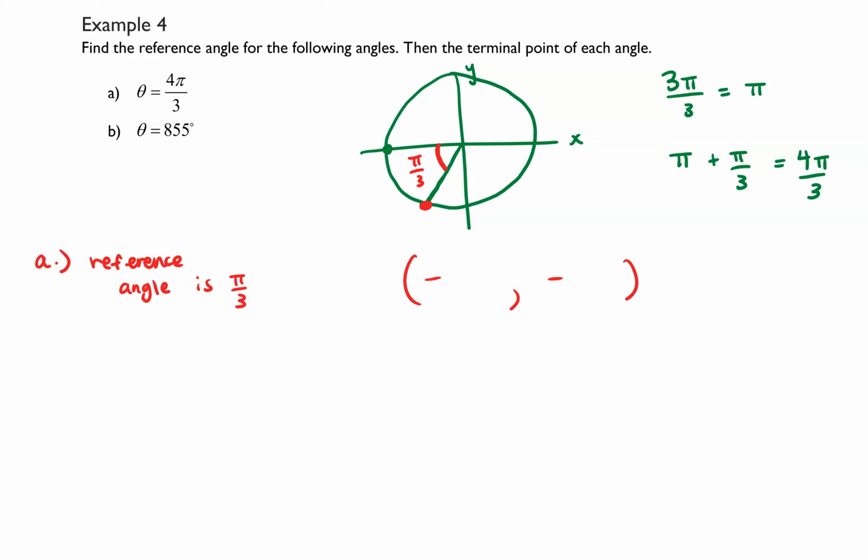What might help us is, since our reference angle is pi over 3, and when we were dealing with the special right triangles earlier, we were dealing with degrees, so why don't we convert pi over 3 into degrees? So if I do that, 180 degrees divided by 3 gives us 60 degrees. So we can say that the reference angle is pi over 3 or 60 degrees.